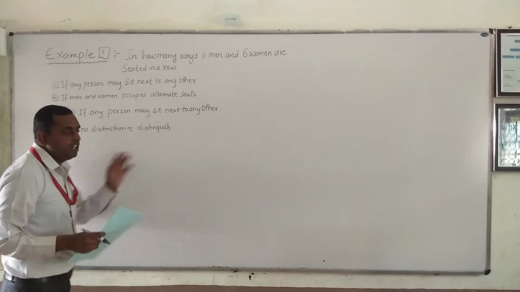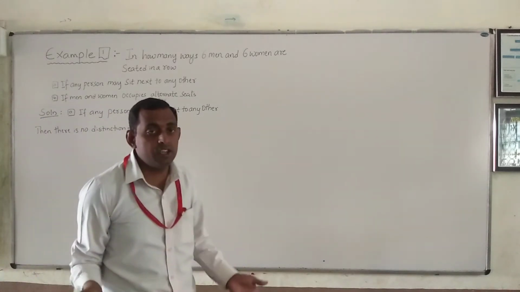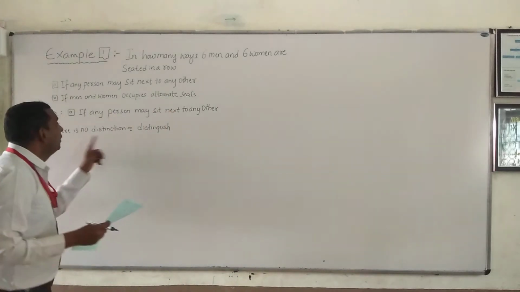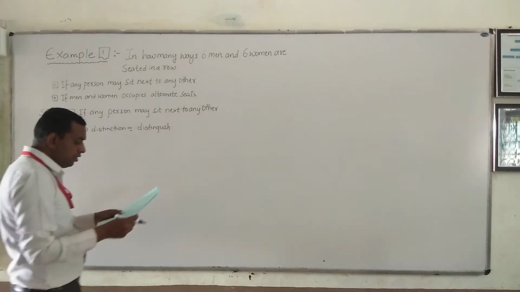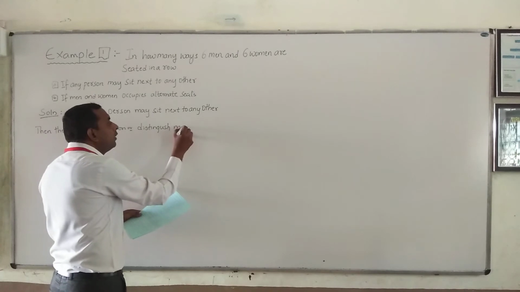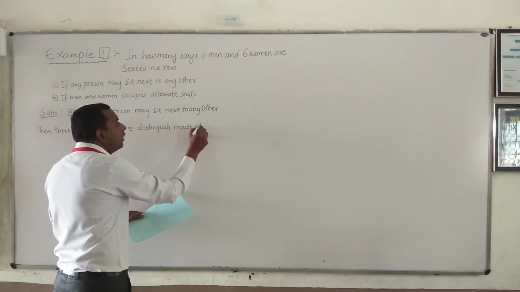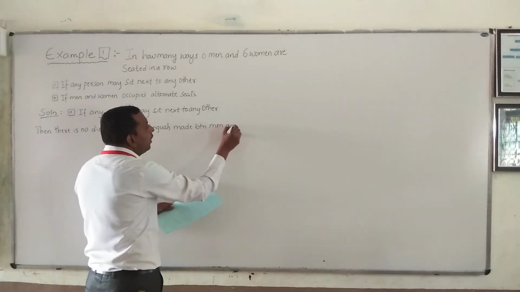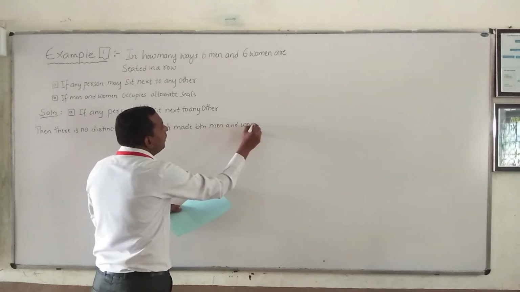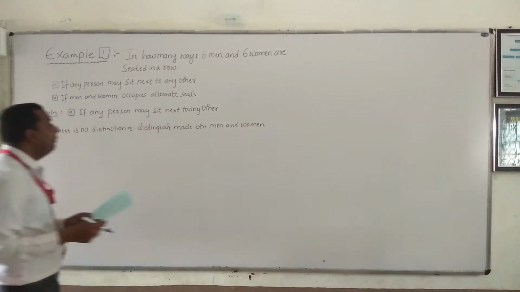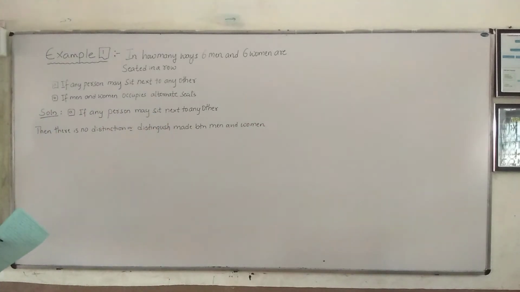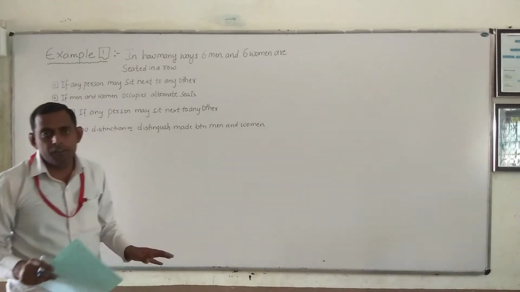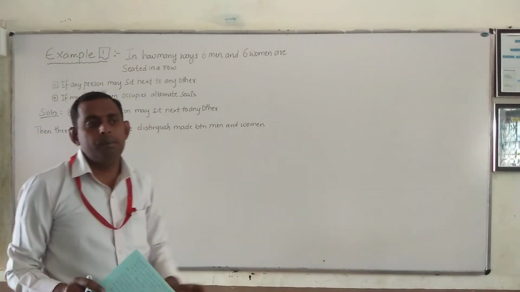So why am I using the word distinguish here? Because they are distinct. I mean to say they are separate. So there is no distinction made between men and women. So anybody can sit next to any other person. That means there is no distinction between men and women.